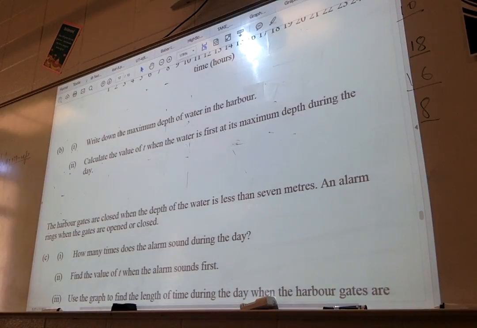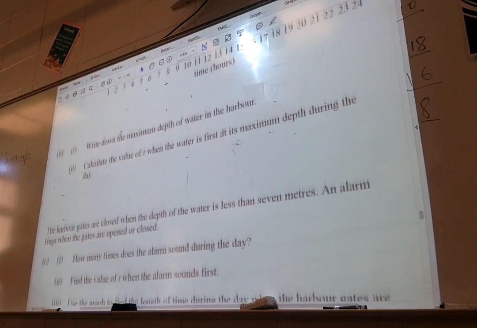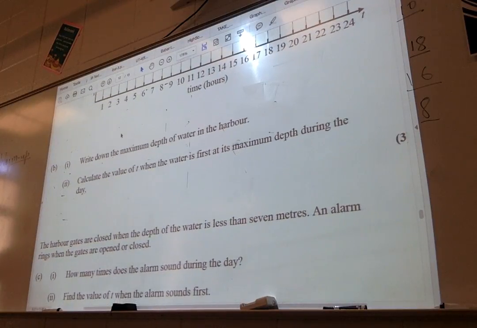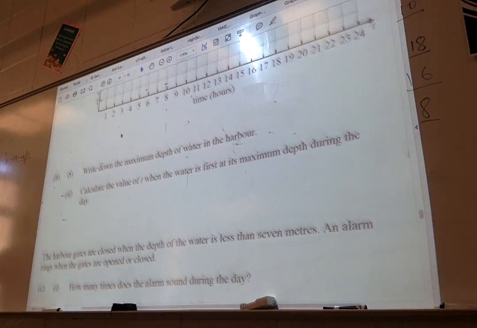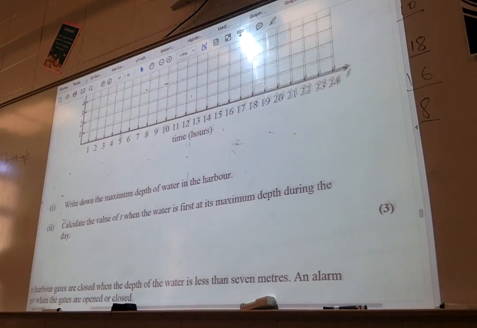Calculate the value of t when the water is at first. Okay, we've done that. The harbor gates are closed when the depth of the water is less than 7 meters. An alarm rings when the gates are opened or closed. How many times does the alarm sound during the day?